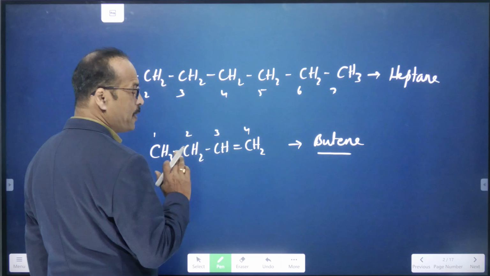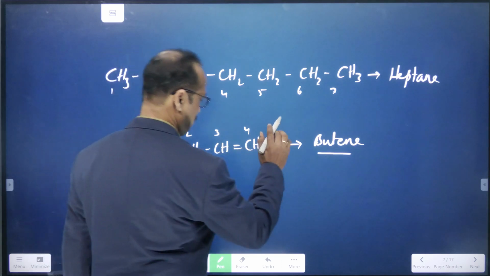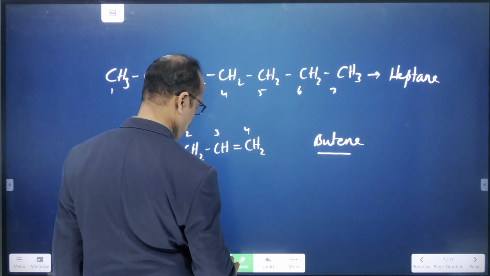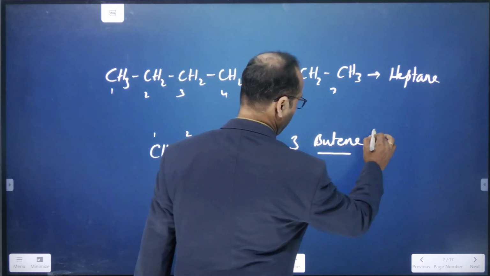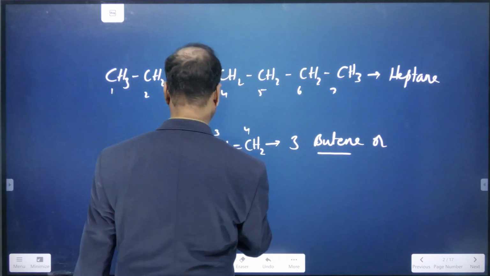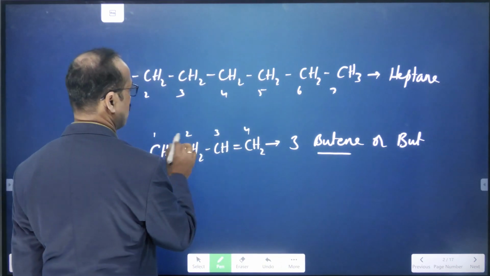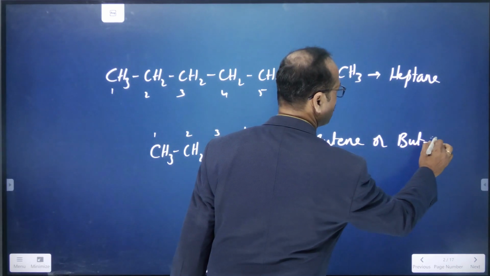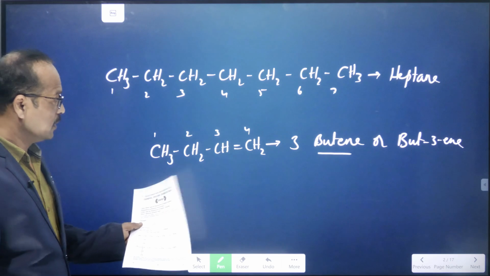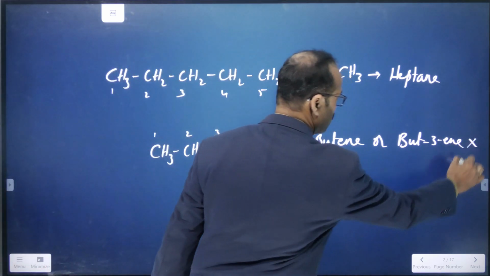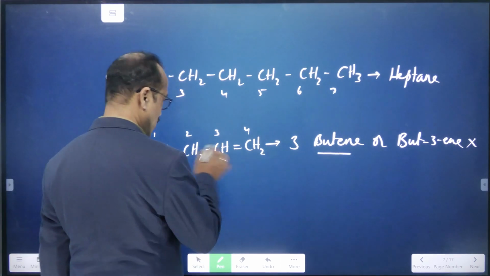If I write this as 3-butene or but-3-ene, with four carbons as but and the double bond at the third carbon, so 3-ene, this becomes wrong.